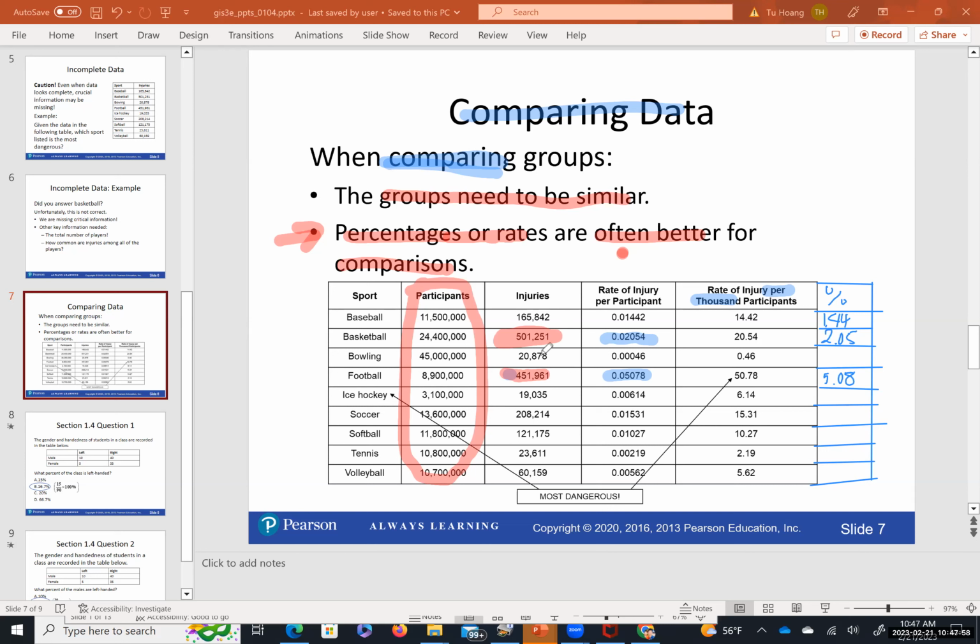But even though the football has a higher rate, you can see the participants in football are a lot fewer than in basketball, right? See that, that is a reason.